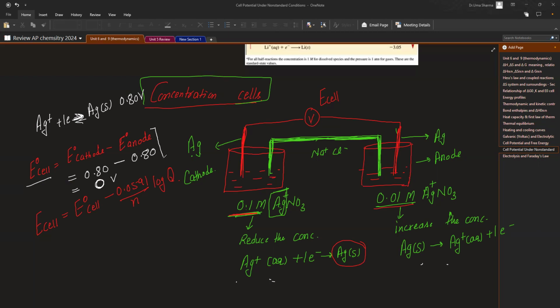For all concentration cells, they may ask you this question, they may not. I'm not sure about it because they keep changing their ideas. But I felt that this is something related to what we are learning. We must do it. All concentration cells have zero potentials, zero E naught cell.